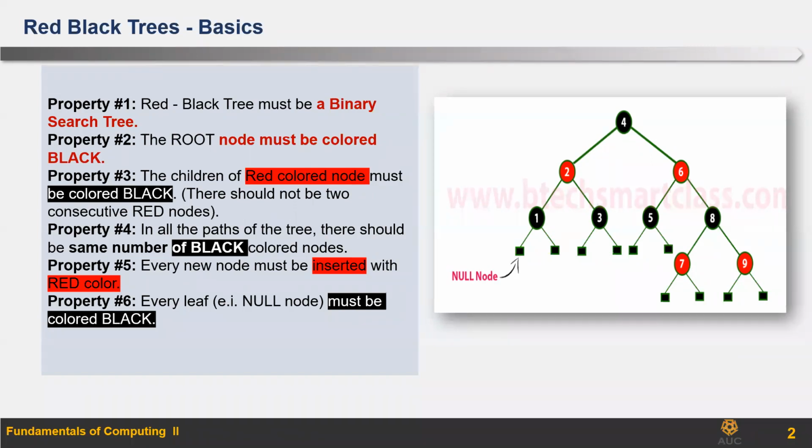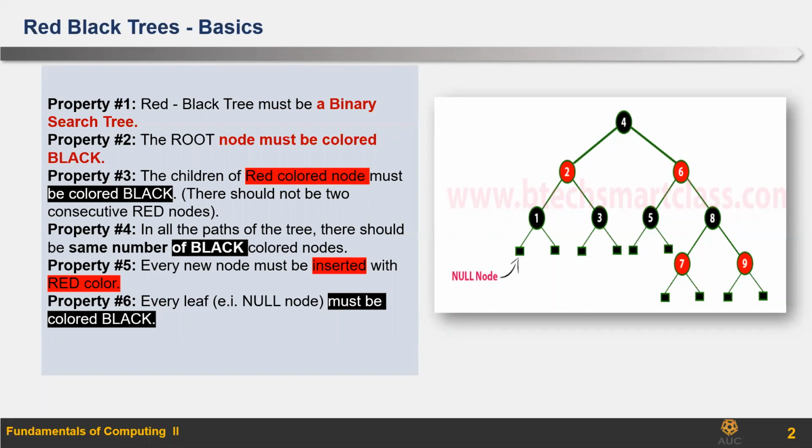The boolean can be 1 or 0, and this indicates the color. So 1 might be black and 0 might be red, or vice versa. It doesn't matter. So first, a red black tree is a binary search tree.